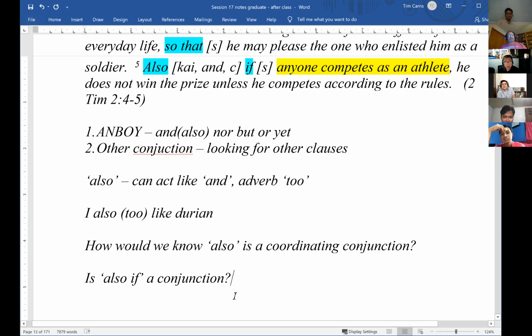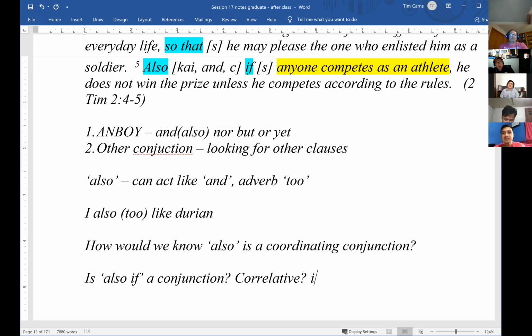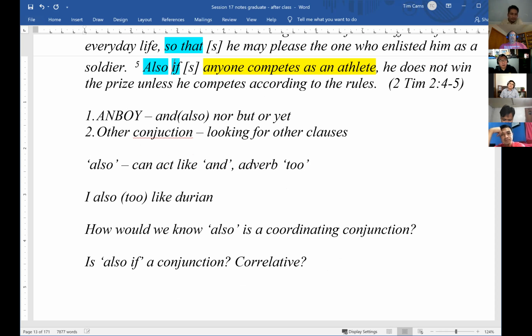They're really confusing us here. Because we could have "also if" as a conjunction. Is it correlative? What do I do with this word "also"? It's messing me up. I hope "if" makes sense, I think, right?